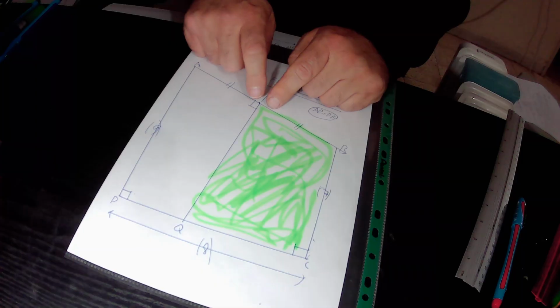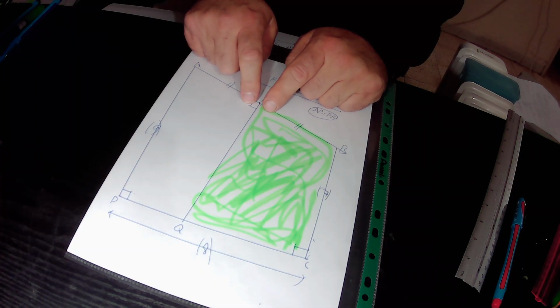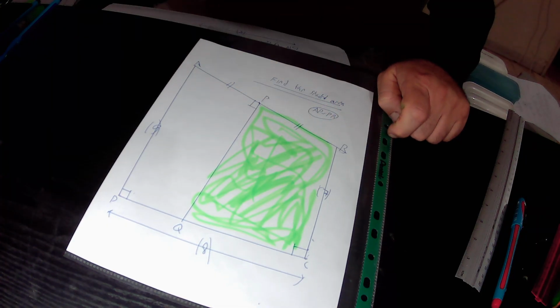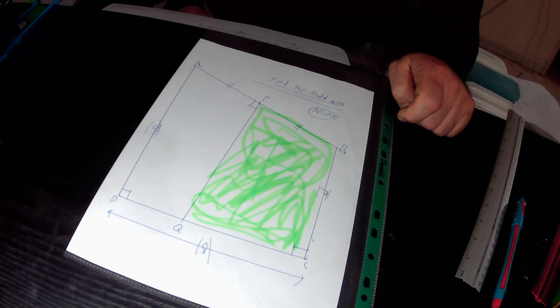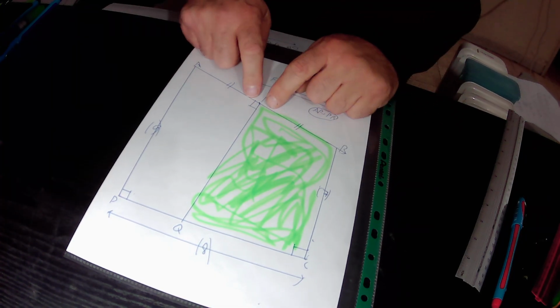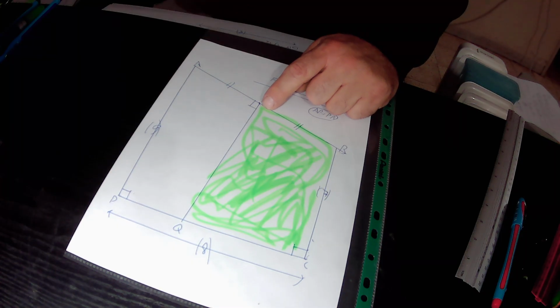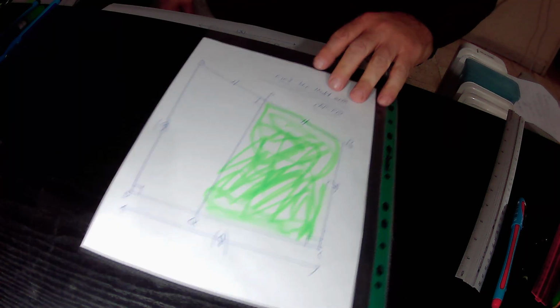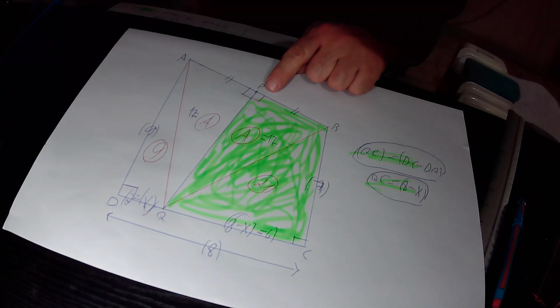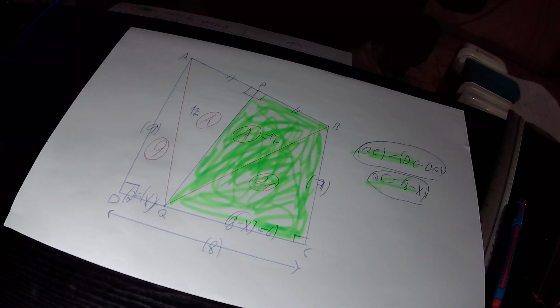In total, the sum of those two angles must be equal to 180 degrees, according to the rule that the sum of the angles on one side of a straight line is equal to 180 degrees. Therefore, this angle must be equal to 90 degrees.